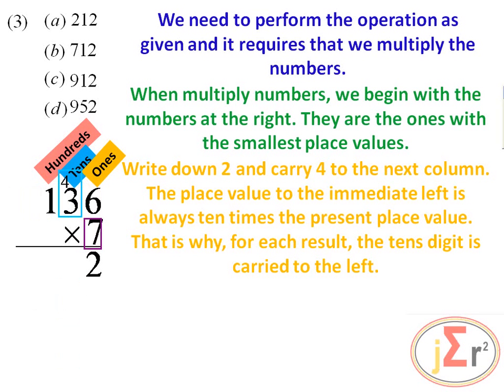Multiply again. So on this occasion we say 7 threes, 21, and to the 21 we will add 4. When we add 4 to 21, the result is 25.